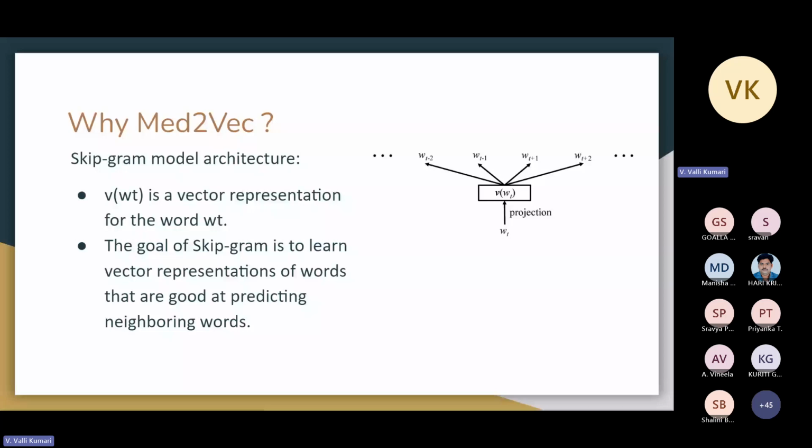So it's directly like a skip-gram model architecture. For every word w_t, v(w_t) is the vector representation. So what do we do here? We find the vector representation of words which are good at predicting the neighboring words.